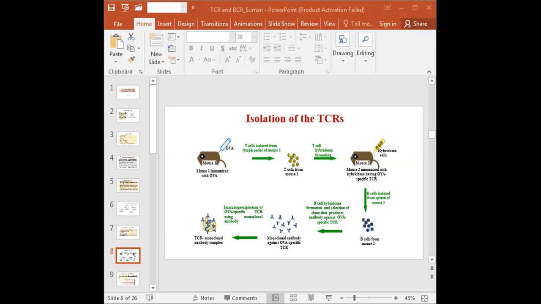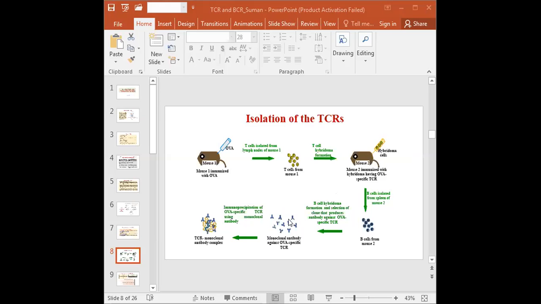After a few days, B cells were isolated from the spleen of mouse 2, and some of these B cells generated antibody against an OVA-specific TCR. These B cells were then fused to cells from a B cell tumor to form B cell hybridomas. Out of these B cell hybridomas, the one that produced monoclonal antibody against OVA-specific TCR was identified.